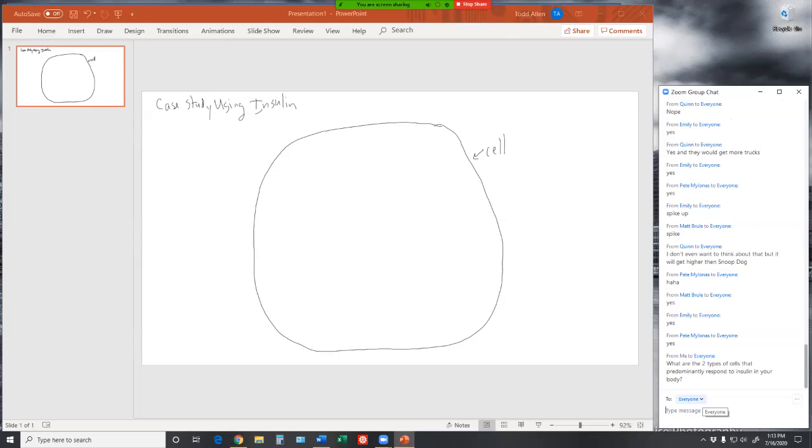There definitely are. But for our purposes here, you should certainly know the big two. There are two major types of cells, two major types of tissues, two major types of organs, if you will, that respond to insulin. Do you know what they are? If you have insulin dumped into your bloodstream by the pancreas, what kind of cells are going to predominantly respond to that insulin?